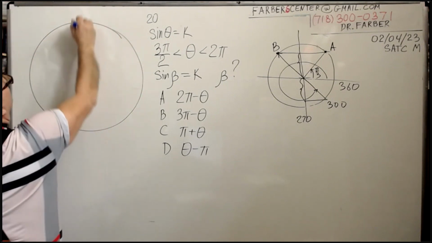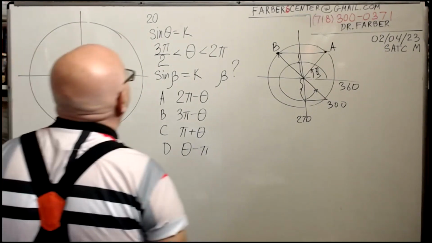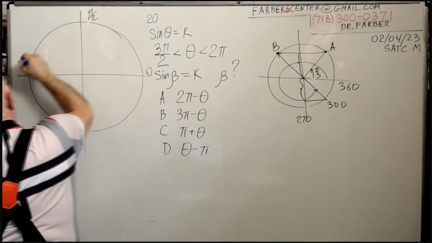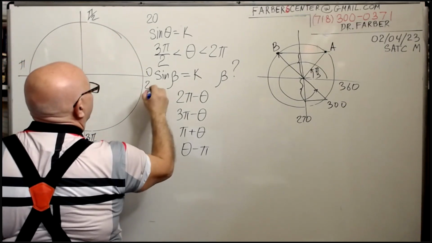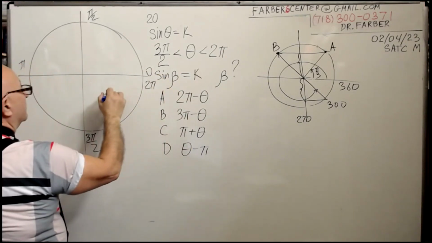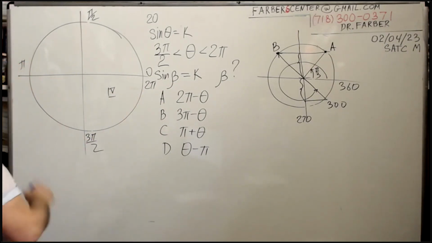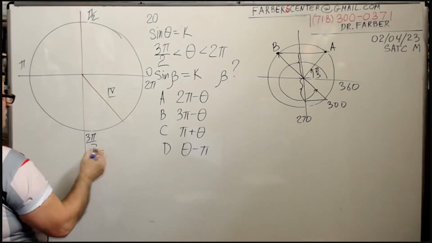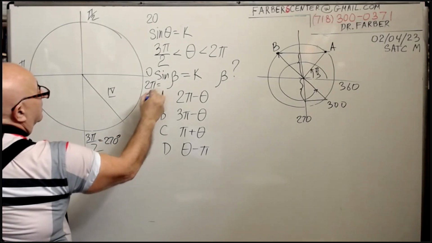Maybe too big, but anyway. You know, this is 0, pi over 2, pi, 3 pi over 2, and 2 pi. And you know this angle is in the first quadrant, right? Between this and this. Behind the scene, it's easy for you in degrees: this is 270 degrees, and this is 360 degrees.